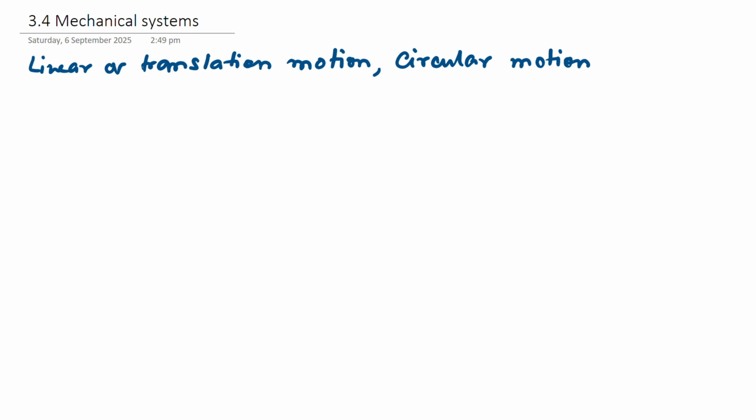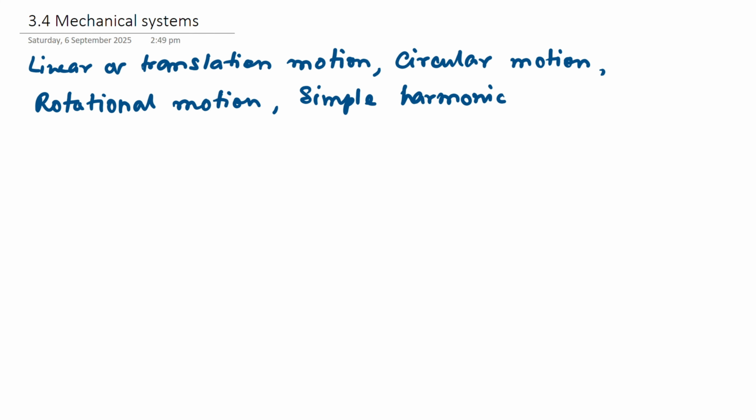Then next we have rotational motion, where objects are rotating about an axis. And then finally, we have simple harmonic motion. So this is a type of oscillatory motion where the motion is repeated with time.